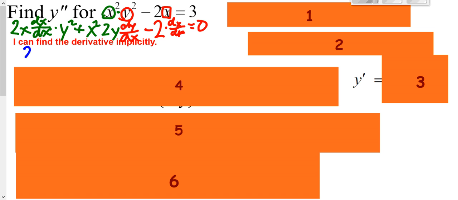So we just get a 2xy squared, because that dx over dx is 1.